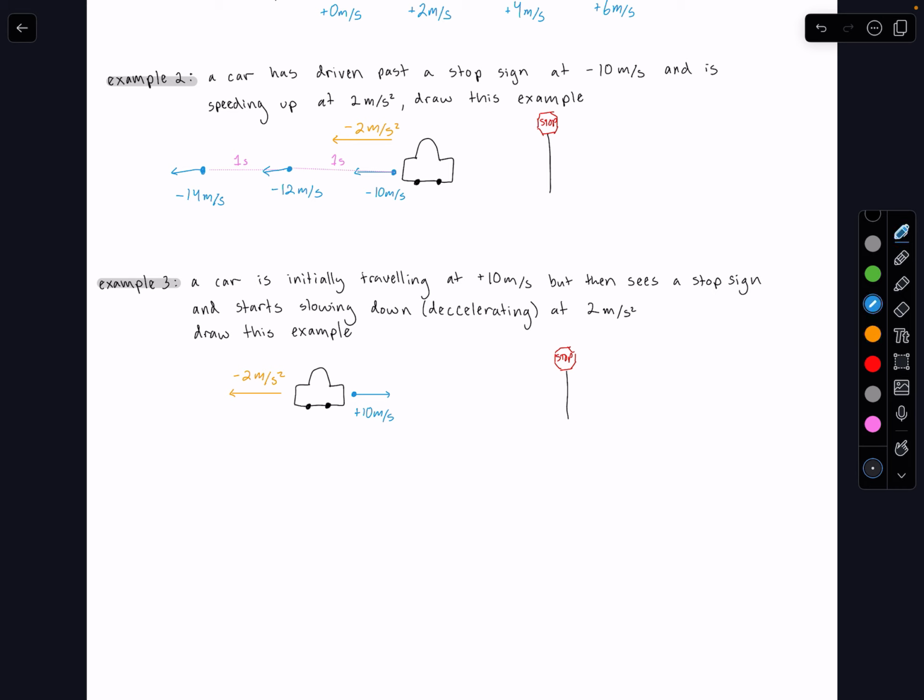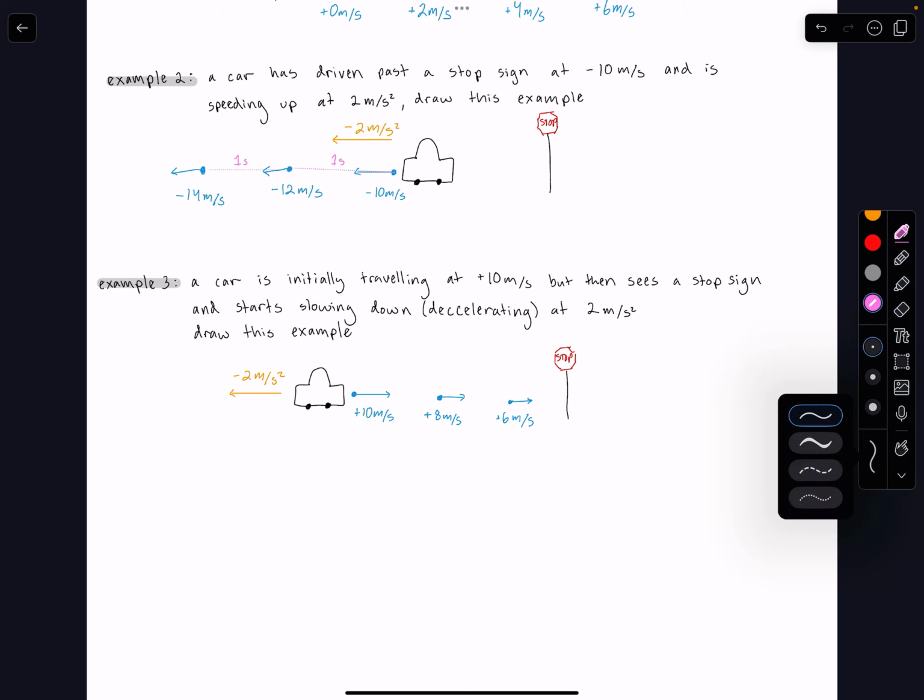So what's happening is after every second, it now goes to positive 8 meters per second. And then after another second, it's at positive 6 meters per second. So it's decreasing, because every second it's subtracting 2 meters per second. So let me draw again.